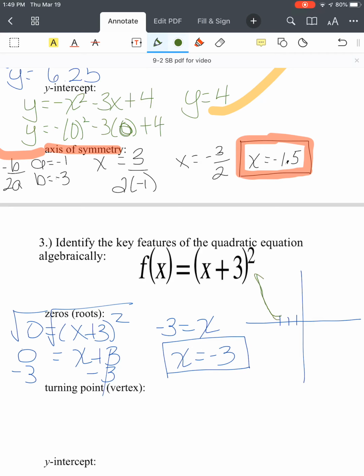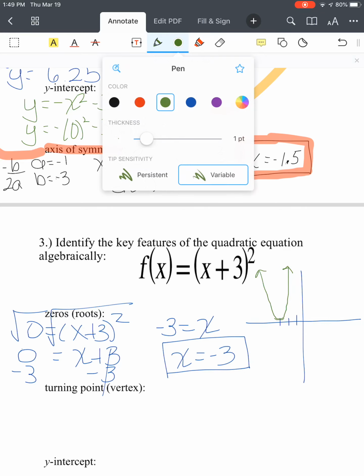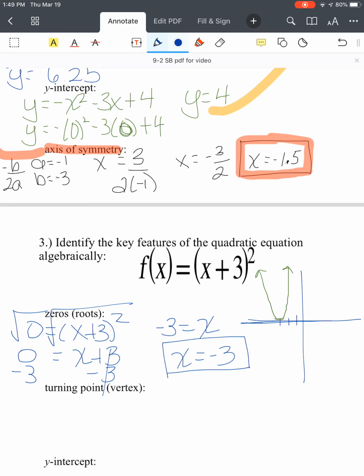Sorry, everybody. It looks something like that. My sketch is not perfect by any means. This should be up. So it's touching the x-axis at negative 3.